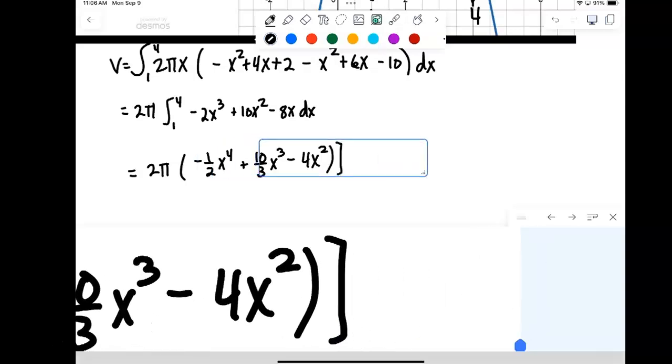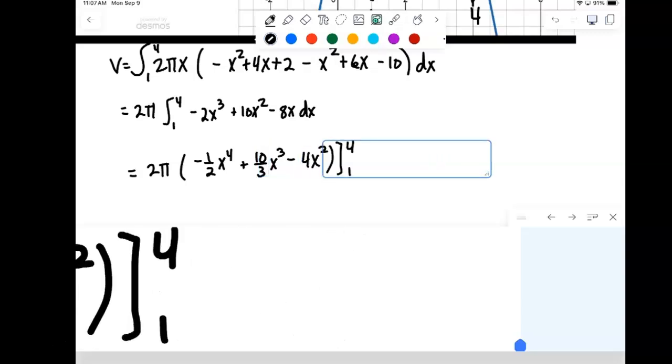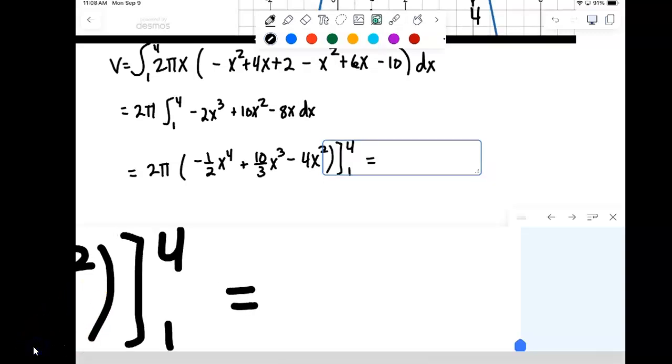Then we evaluate that between 1 and 4, and when we do that, we should get 45 pi cubic units.